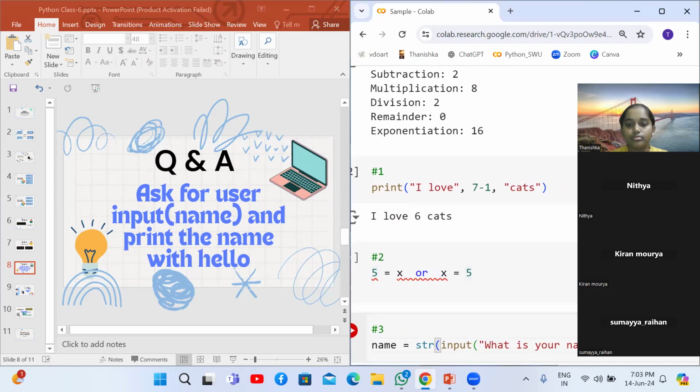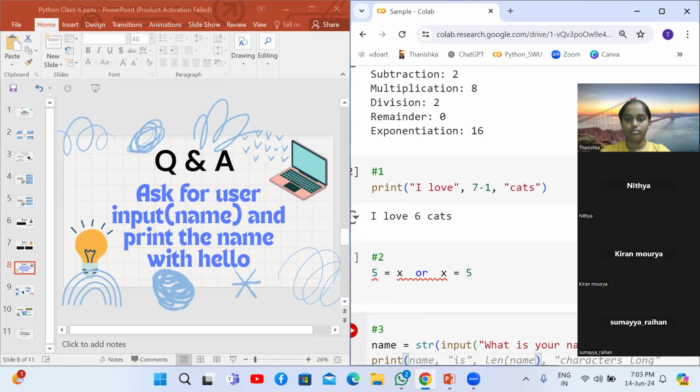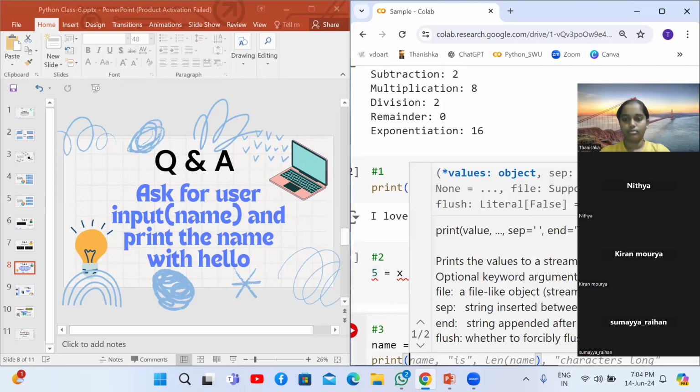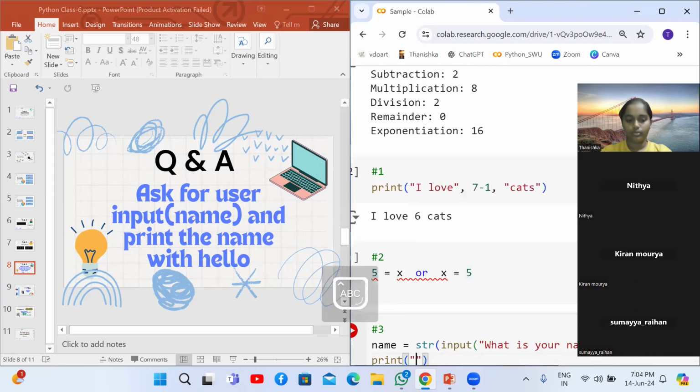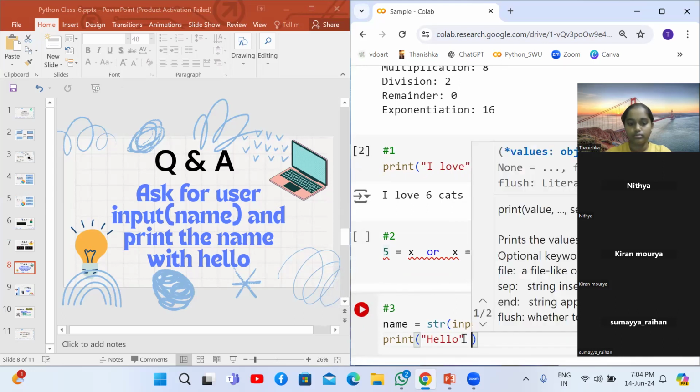Sister, next line, print, open bracket, double quotation, hello. Inside the quotation, hello. And after the quotation, give some space and plus symbol.